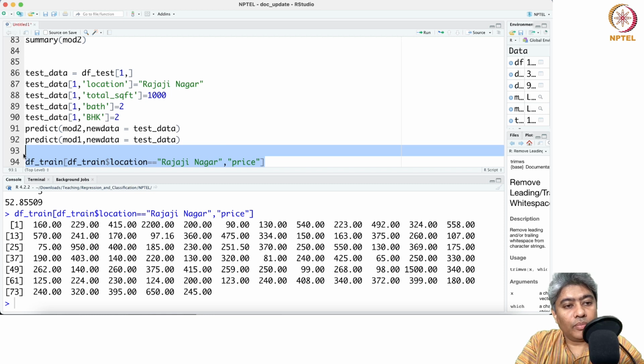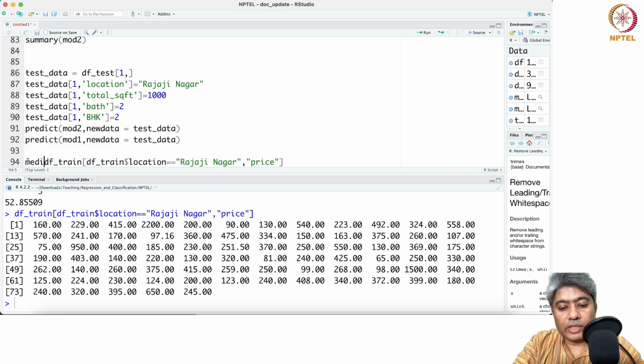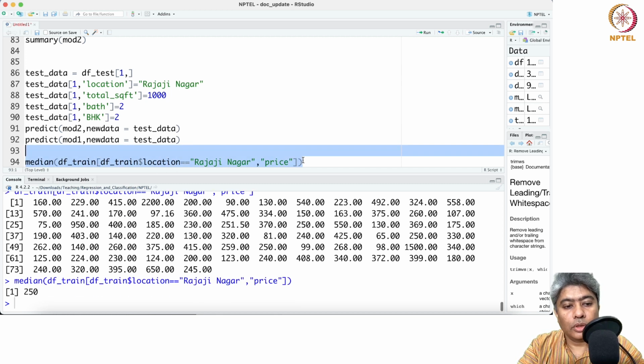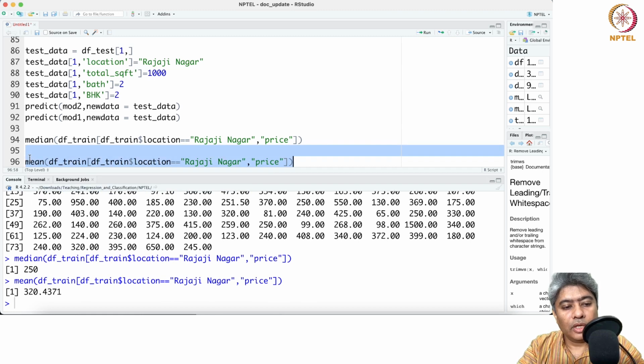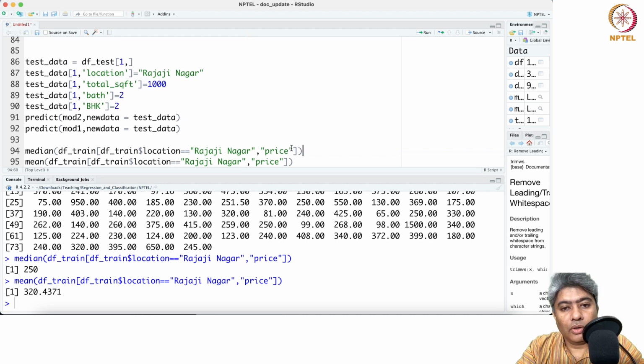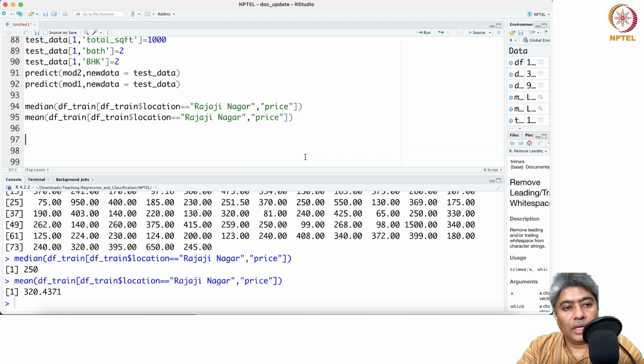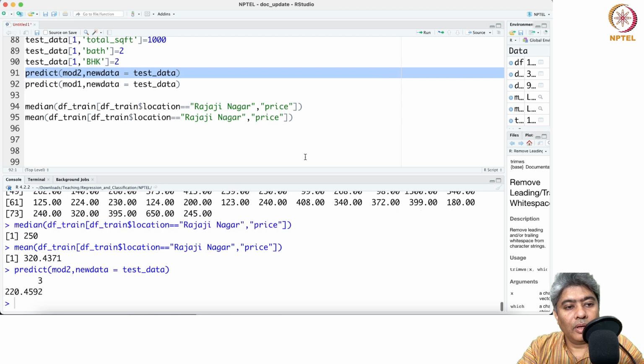Now if I take the median price, it is near about 250, and the mean price, the average price, is 320. Given this, I think the predicted value of 220 is a decent, probably correct value.